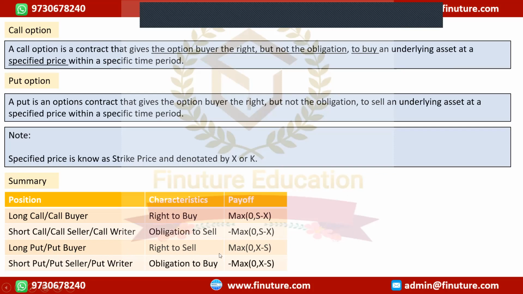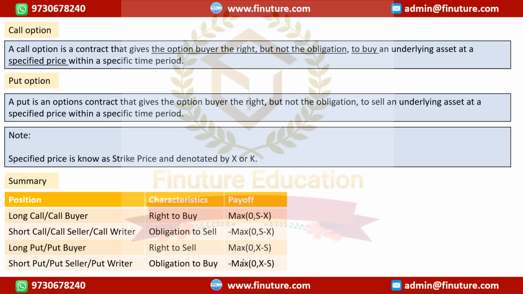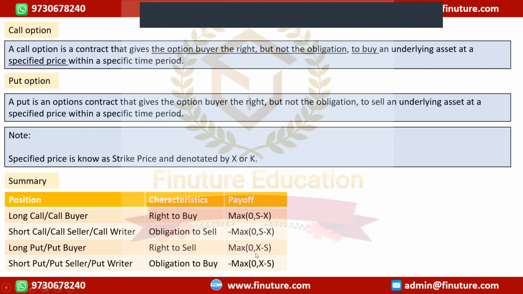Likewise, when we talk about a long put or put buyer, he has a right to sell. It's usually when you think the underlying is going to go down; basically, you have a bearish view on the underlying. So when you sell at X, you get X amount, and it's assumed that to sell something, you need to have that asset in your position, and you buy that from the market. That's why it's negative.